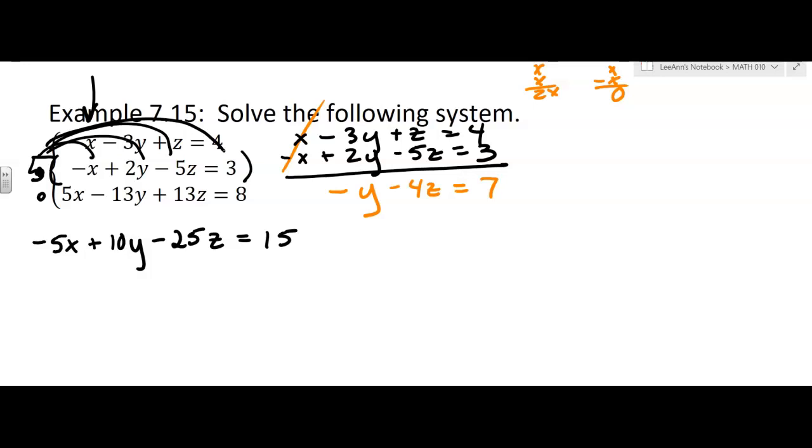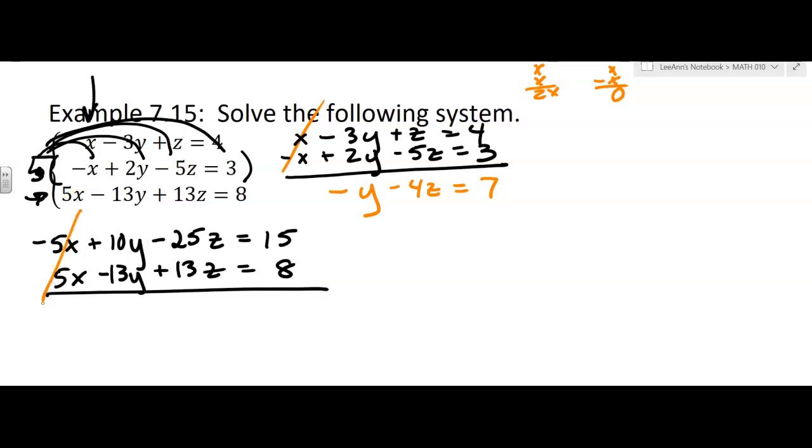Now I'm just going to copy the bottom equation as is. 5x minus 13y plus 13z equals 8. It's going to be a yz equation. The x's cancel out. Yay, I have negative 5x and 5x. 10y and negative 13y, that's going to be a negative 3y.